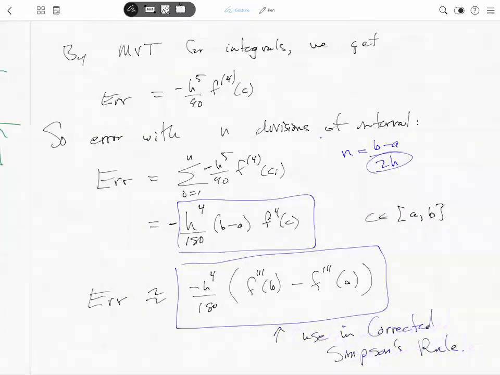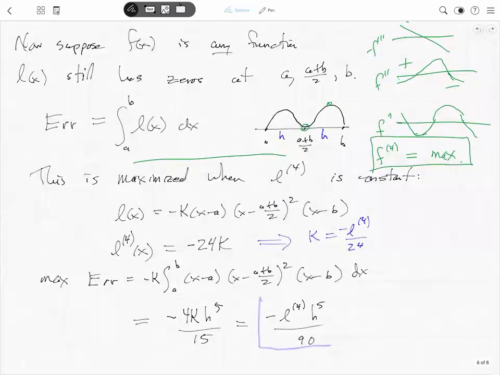Oh, by the way, I'm sorry, I forgot one thing. I also want to do the same trick I used before. I want to apply the mean value theorem for integrals to rewrite this formula and to say that, look, this is the worst case scenario, but suppose we're not in the worst case scenario. Suppose f is some other function. It's not actually this fourth degree polynomial.